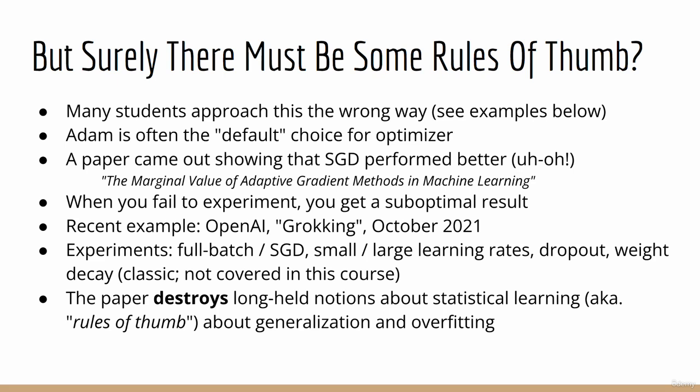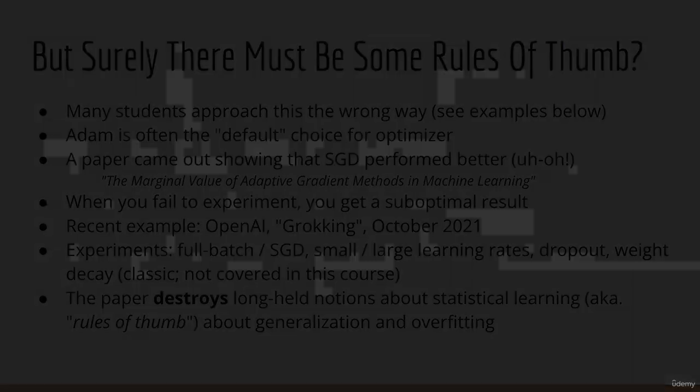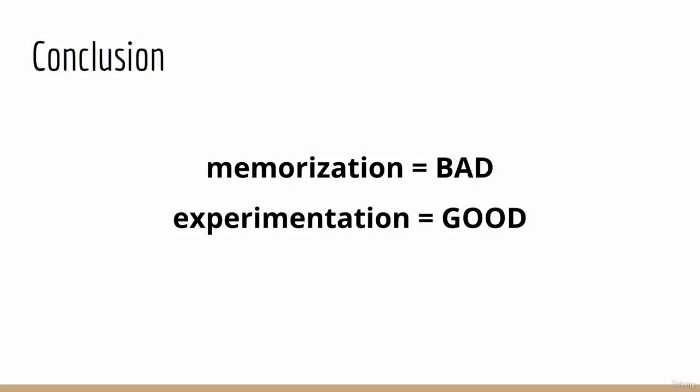So again, if you're the type of student that just wants to memorize some rules of thumb, you would again be proven wrong by those who did the actual experiments. Importantly, you should expect things to constantly change. You should expect any rules of thumb you've memorized to soon become irrelevant. Put more simply, memorization bad, experimentation good.